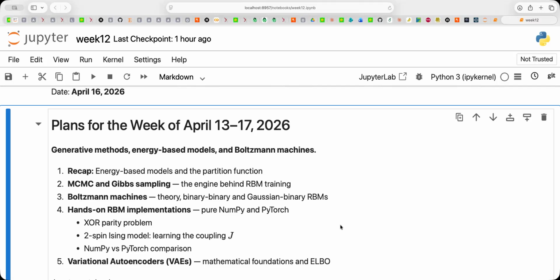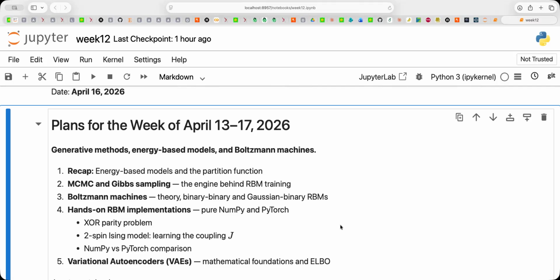So what I wanted to do now is to have a quick repetition of what we did last week, because that sets the scene for the introduction of Markov chain Monte Carlo, MCMC, and Gibbs sampling, which is actually the engine behind these Boltzmann machines. And then we are going to look at how we can implement one of the simplest possible types of Boltzmann machines.